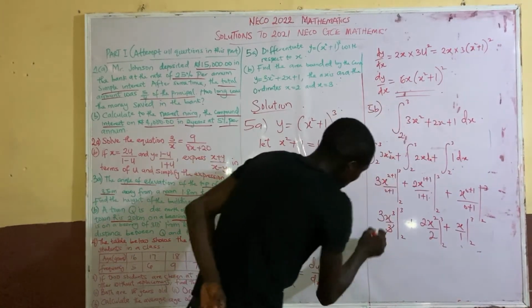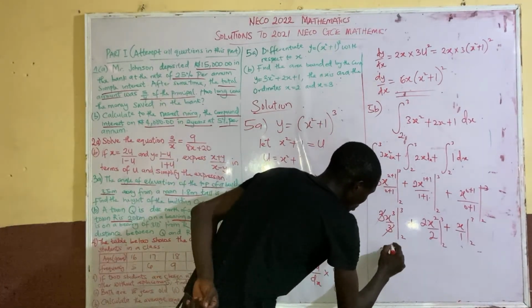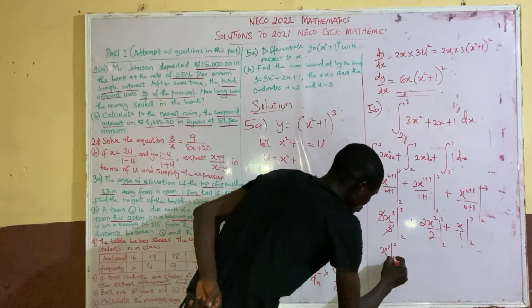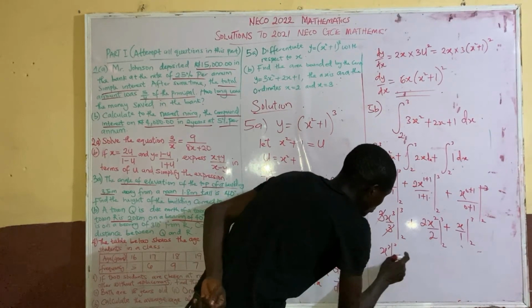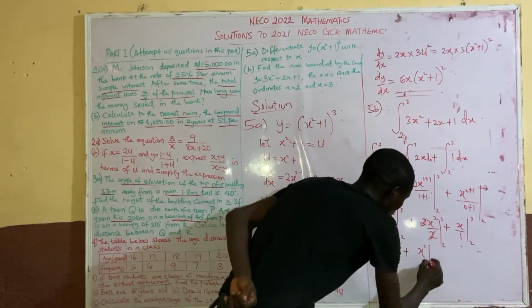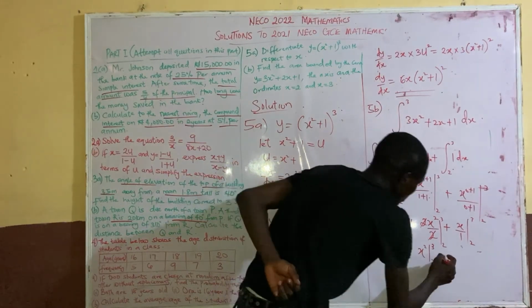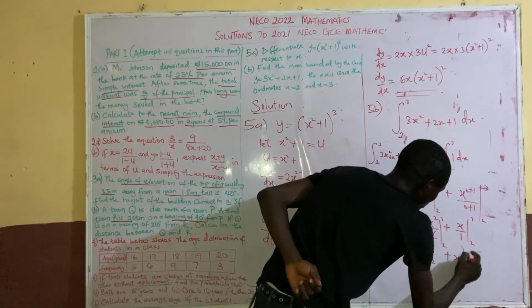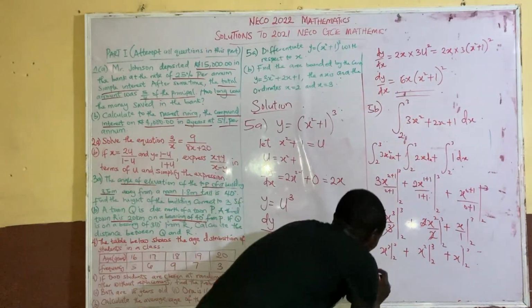So the 3 here cancels the 3. You have x cubed on the boundary 3, 2, plus x squared on the boundary 3, 2, plus x on the boundary 3, 2. So now let's do this one separately.